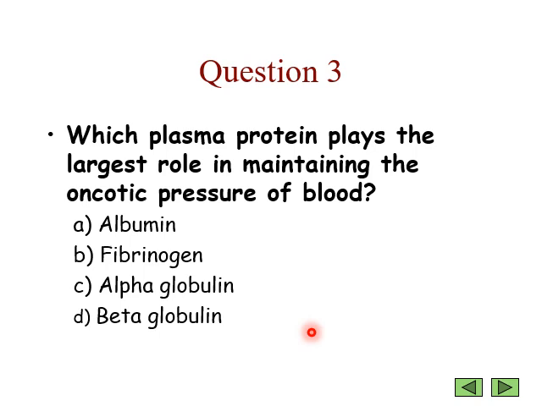Now I tell you the answer. The correct answer is albumin. Why albumin? Because it is in largest concentration in the blood. This plasma protein is about 60% in the blood. So that's why it has a major contribution in maintaining the oncotic pressure of the blood.